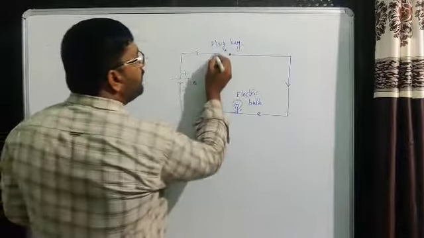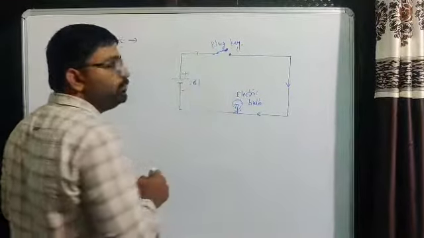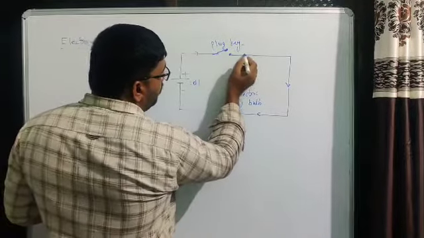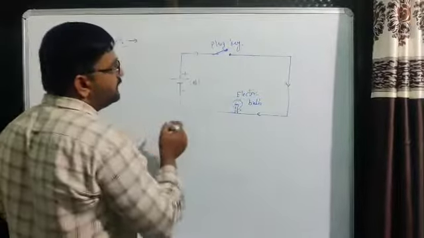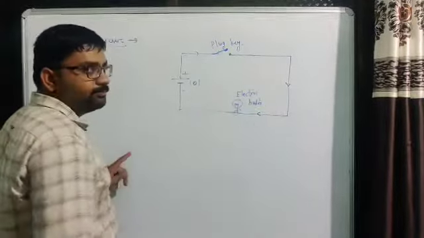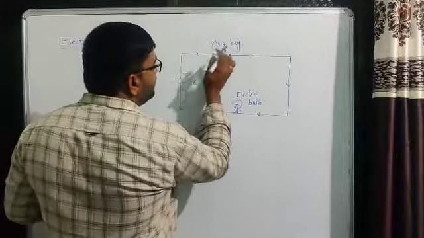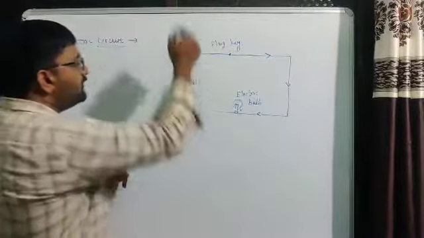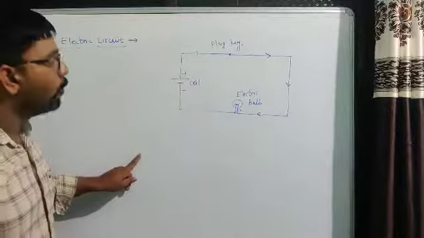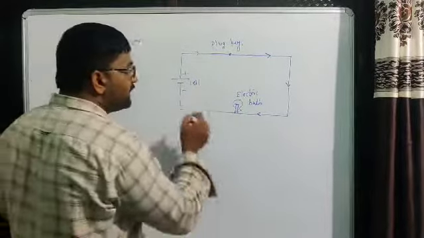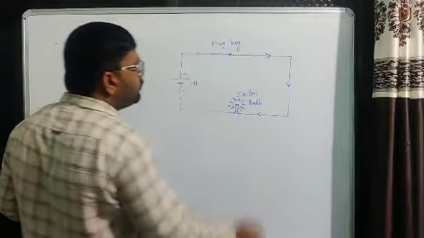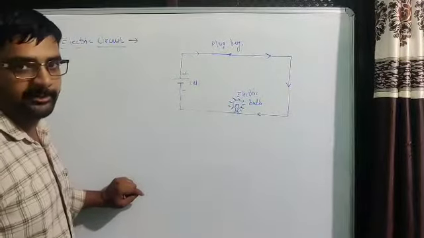Here also, the key is open, so current does not flow through the whole circuit. As we connect this key, current will flow through the total circuit. As we close this key, this bulb will glow and give light.